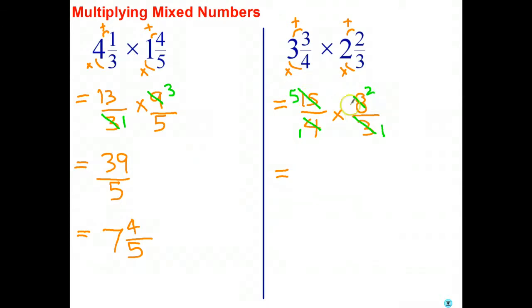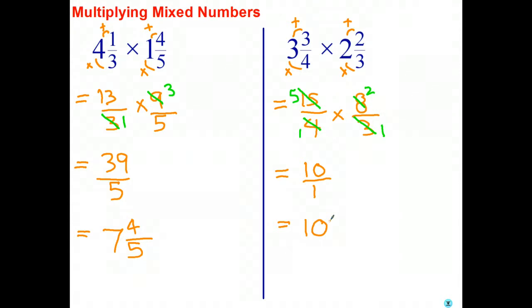What's left? 5 times 2 is 10, 1 times 1 is 1, and 10 over 1, obviously anything divided by 1 is just itself, so the final answer is just 10.